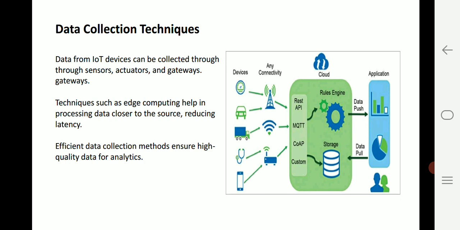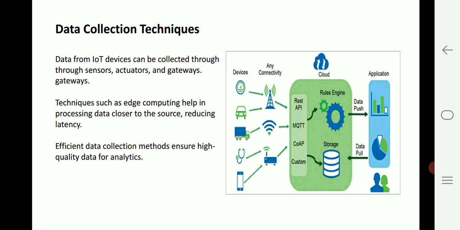These are connectivity devices. Using these connectivity devices, there are different channels, such as REST API, MQTT, CoAP, and custom. We already talked about the cloud.